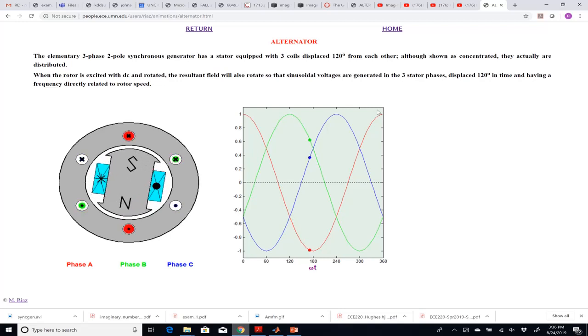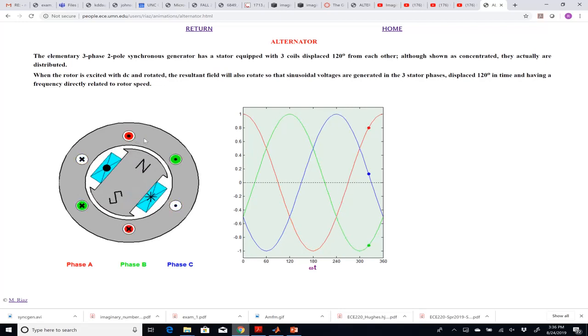Now, I noticed that this is a three-phase machine. So I explained one of the voltages. If you look, it would appear that the phase B coil has been turned 120 degrees forward, and that the C phase coil has been turned 240 degrees forward of the A phase coil.